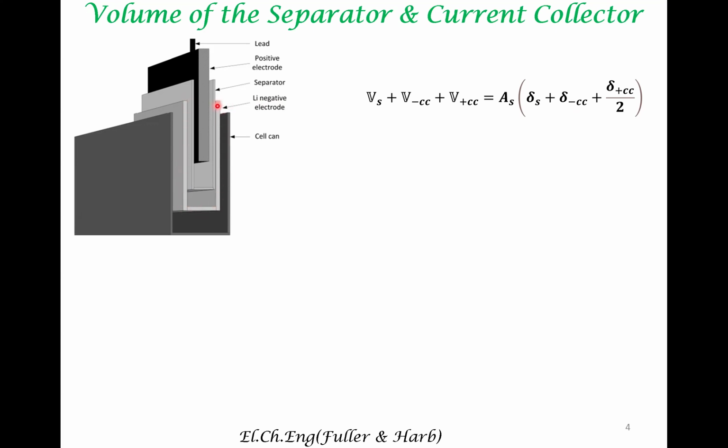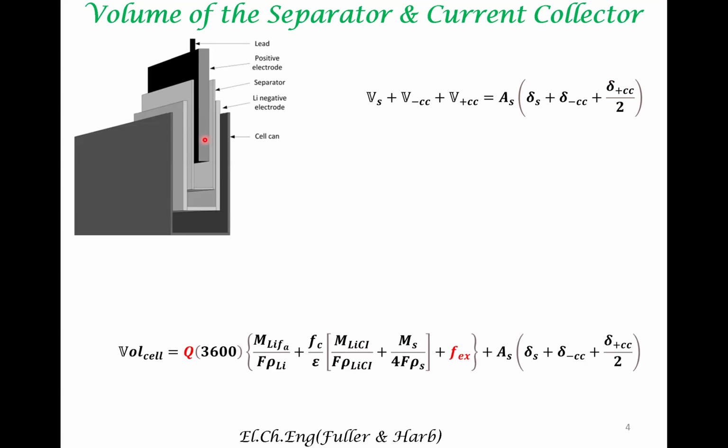So the area of the negative electrode is more or less the same as the area of the separator. This times the thickness of the negative electrode gives you the volume contribution from the negative current collector. Because the positive current collector has only half the area of the separator, this times this quantity provides the volume contribution from the positive current collector.